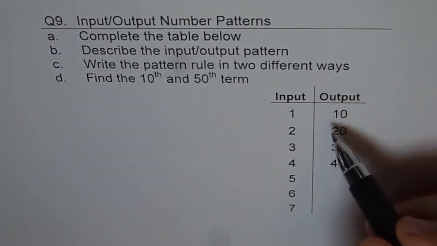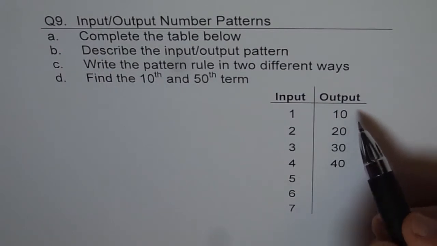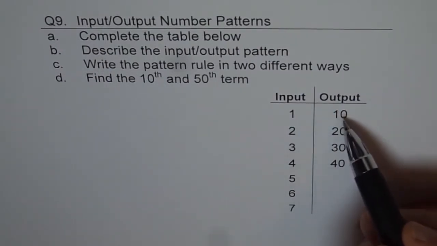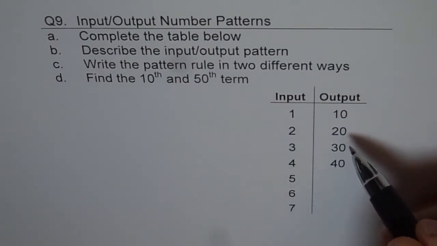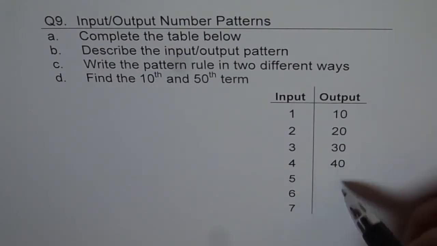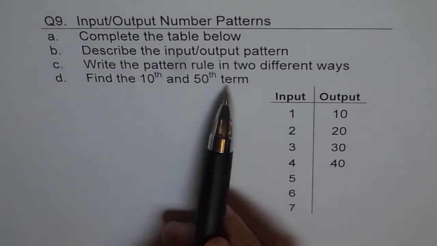When I say 2 different ways of writing the pattern rule, I am expecting you to write how you get the output from the input. Or, for some junior students, you can also write the pattern rule for just the output: 10, 20, 30, 40. Now, find the 10th and the 50th term.